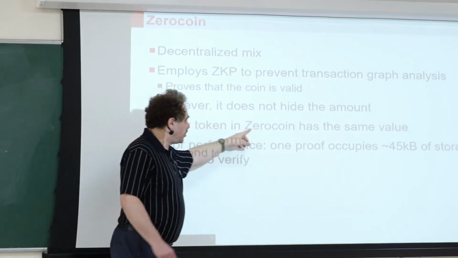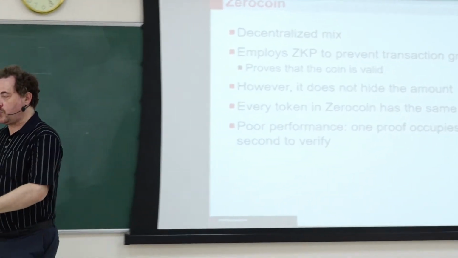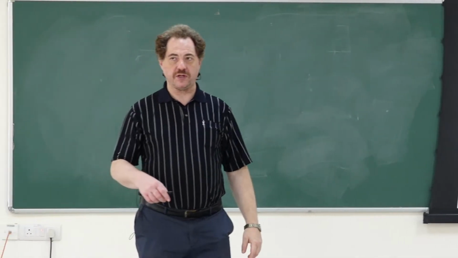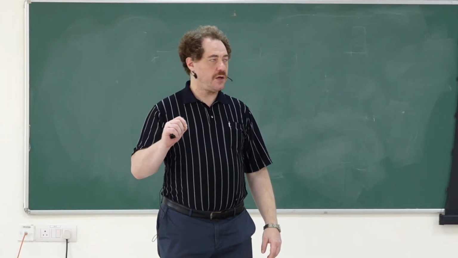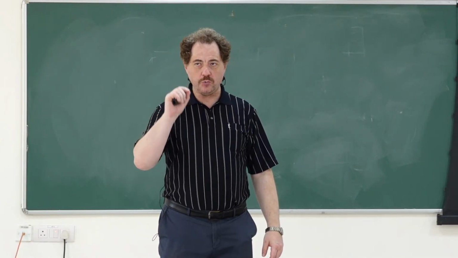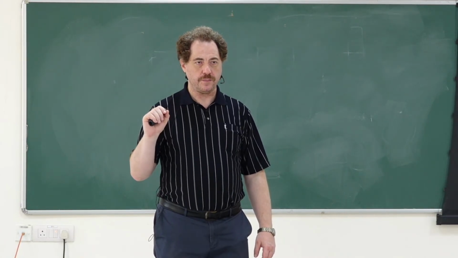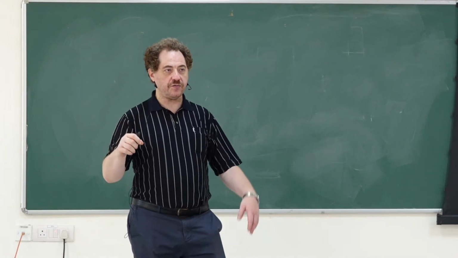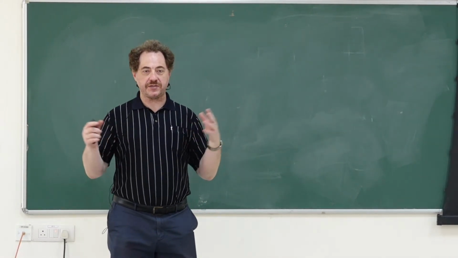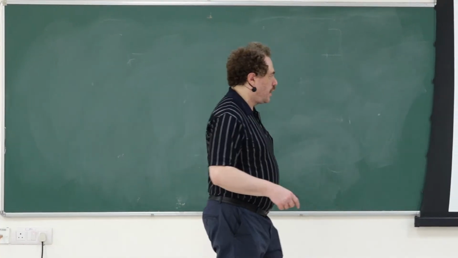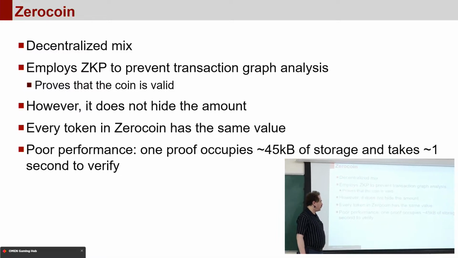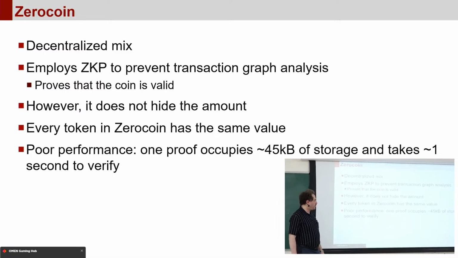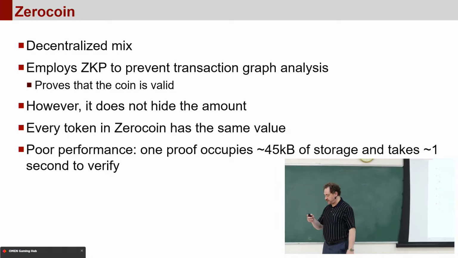First of all, every token in Zerocoin has the same value, so you cannot transfer, like in Bitcoin, a single token that may be many Bitcoins. In Zerocoin, a single token is always one unit of currency. So if you want to transfer a lot of currency, we need a lot of inputs, a lot of outputs, which doesn't scale. And another problem with Zerocoin was poor performance. One proof was occupying on the order of 45 kilobytes of storage and was taking 1 second to verify. So not very fast.